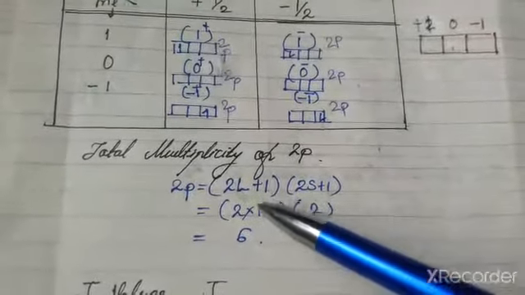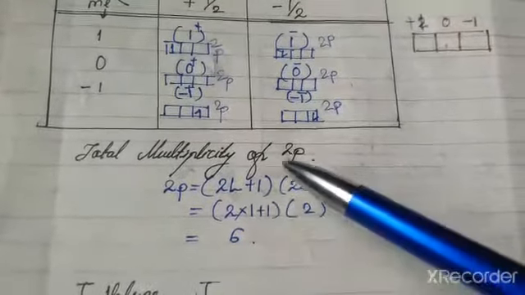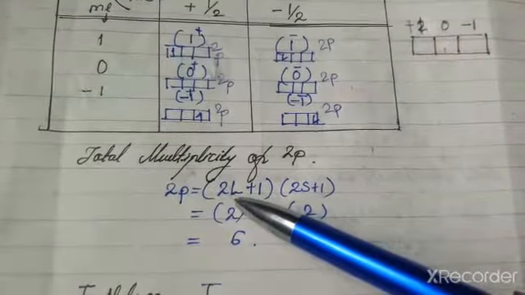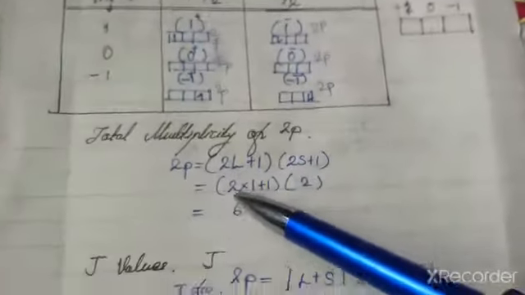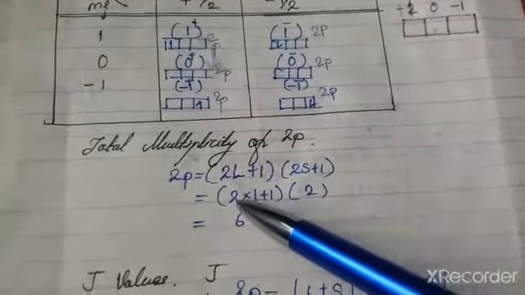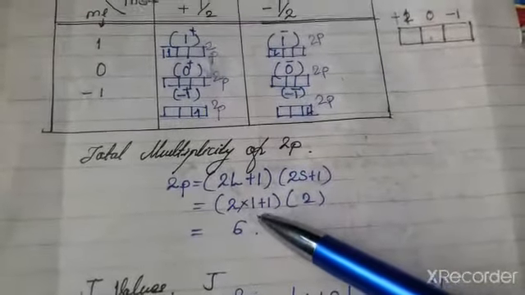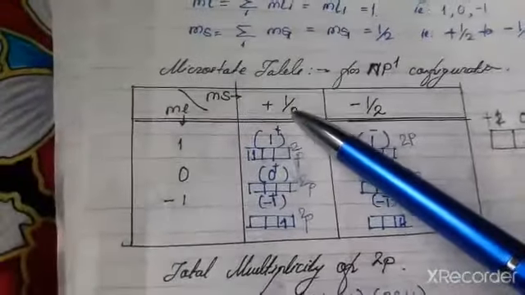So in 2L plus 1, L is the p orbital, and for a p orbital the value of L is 1. So 2 into 1 plus 1, and then 2S plus 1, where S is equal to 1 by 2.